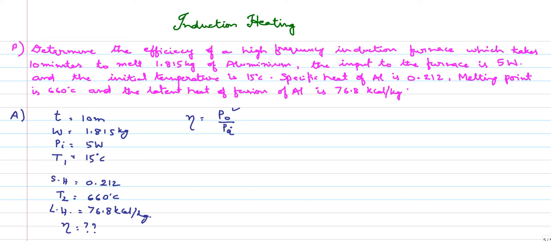So to melt it we need to heat it from the initial temperature T1, 15 degrees centigrade, to the melting point T2, 660 degrees centigrade. With that we need to find the heat required to melt this much weight of aluminum.